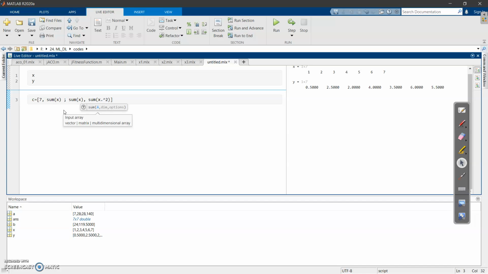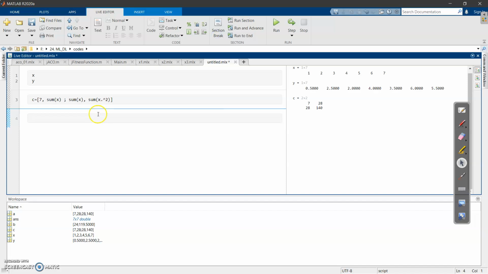So this is our c matrix. Then comes our d matrix, that is equal to summation of y, then next line summation of xy, that means x dot multiplication of y. So this is d.